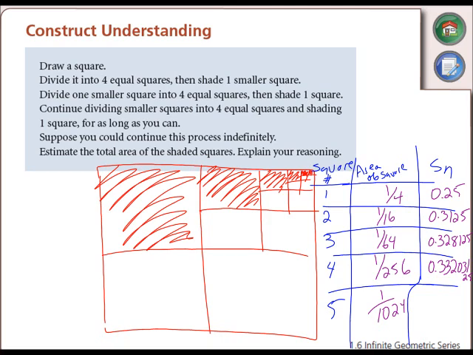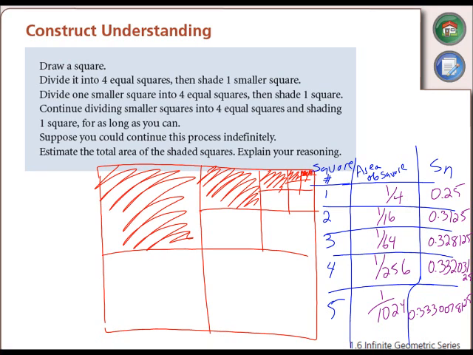And when we add that 1 over 1024, we get 0.3330078125. And we could keep this process going. We'd add a little bit more, a little bit more, a little bit more. But you know what? We're not adding much. And we can kind of guess, what number do we think that we're getting close to?